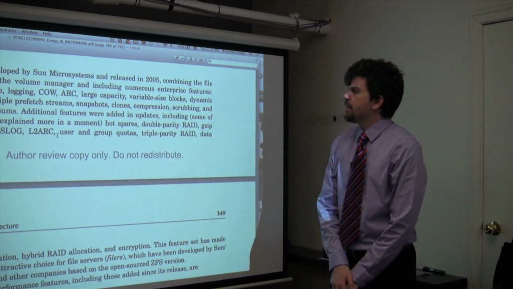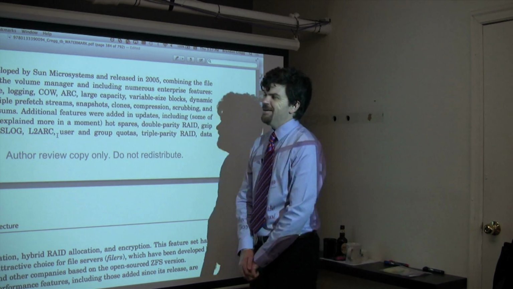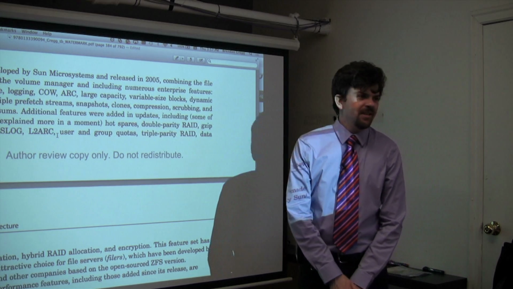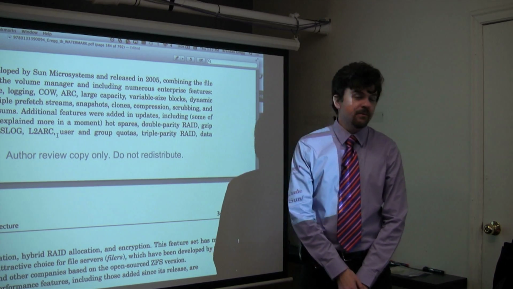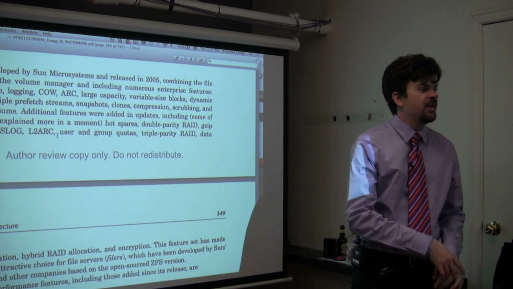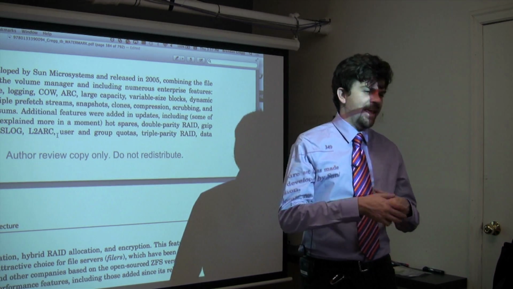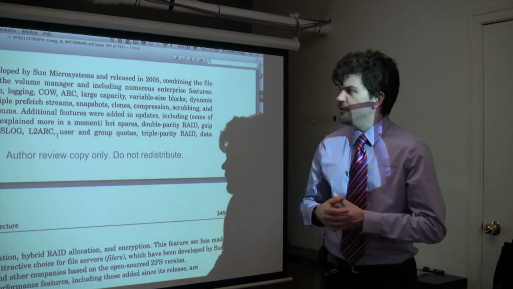ZFS also includes many enterprise level file system features that normally you wouldn't see in the standard file system that came with the OS. Normally you'd have to go to Veritas and purchase a license to an enterprise grade file system to use.